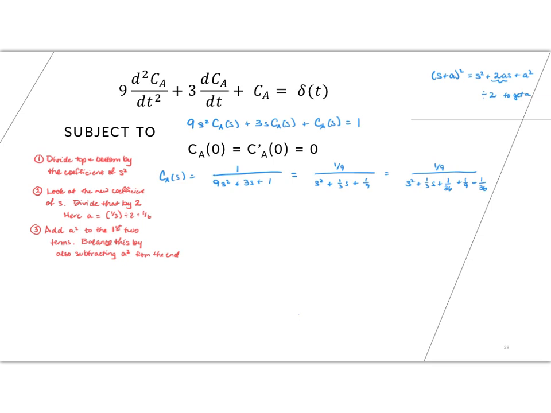Now this first portion is s plus 1/6 squared. And added to that is 3/36 or 1/12.